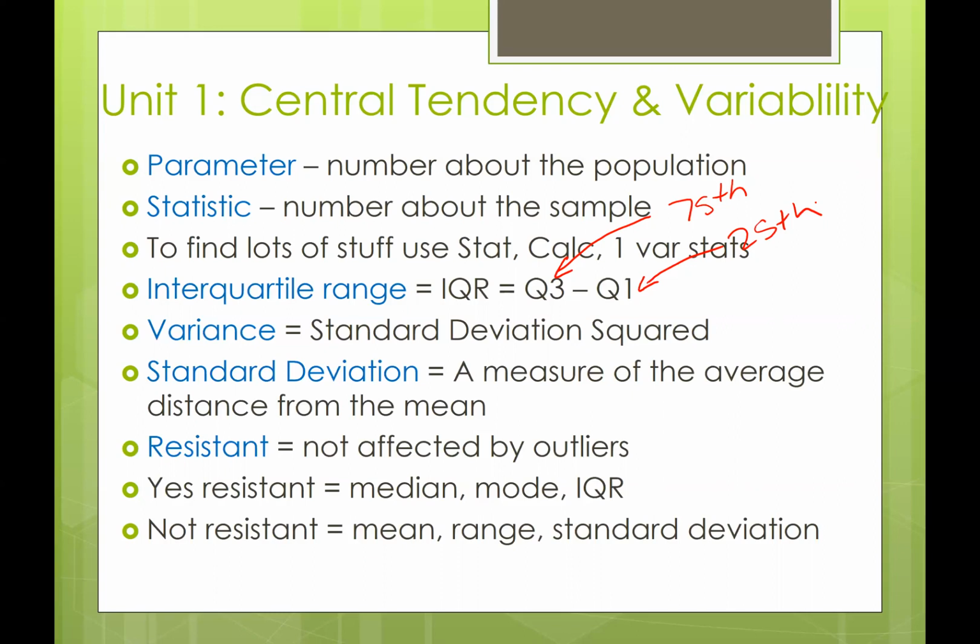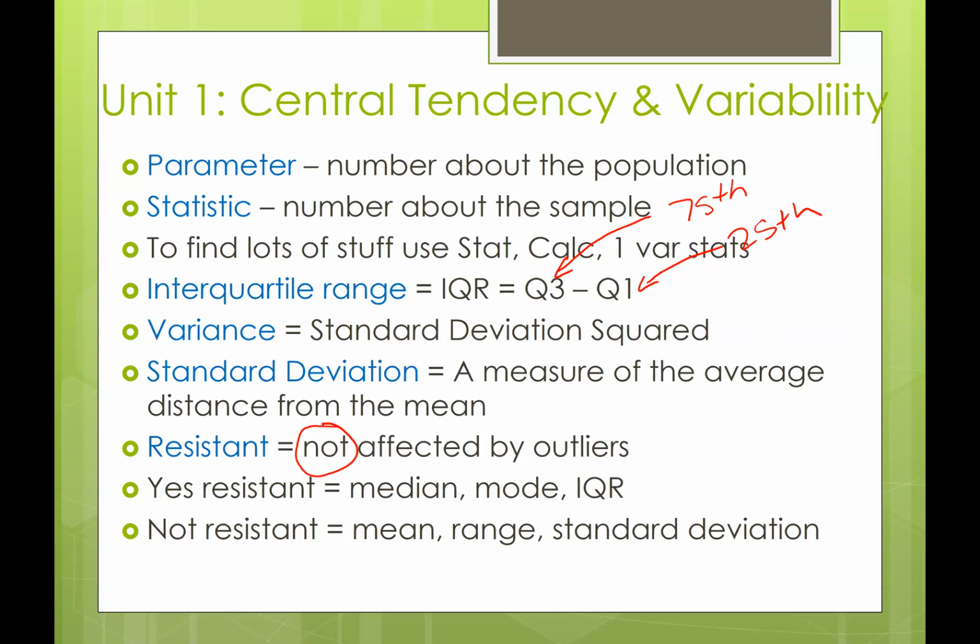Something is resistant if it's not affected by outliers. So things that are resistant, meaning they are not affected by outliers, are the median, the mode, and the IQR. The median is resistant because it's just the number in the middle. The numbers at the very end don't matter.